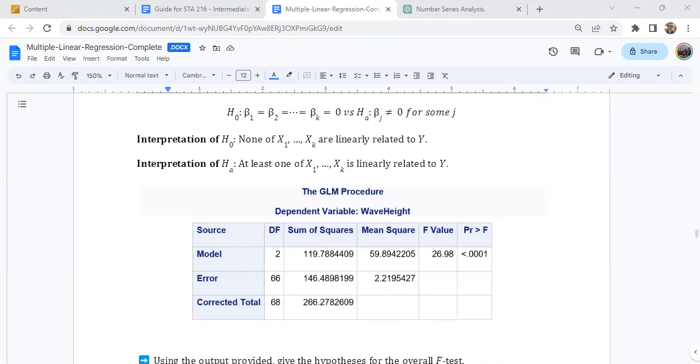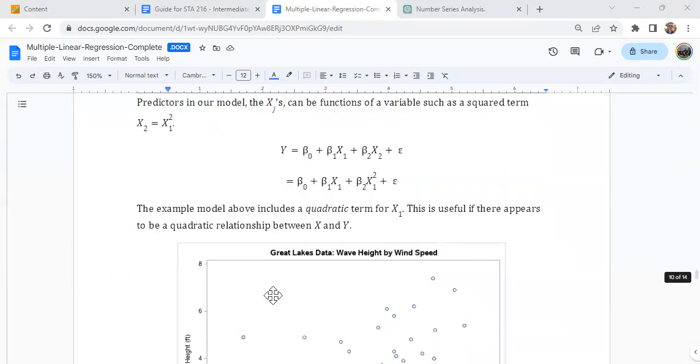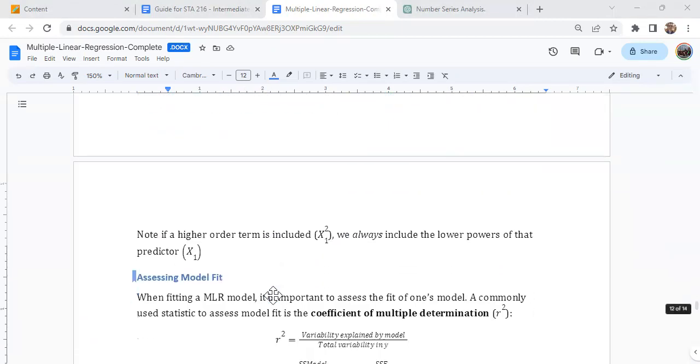Okay, and then SS total is 266.2782. And I'll write them down here.